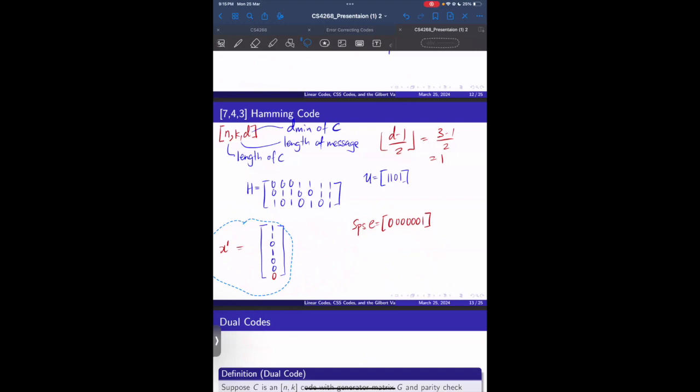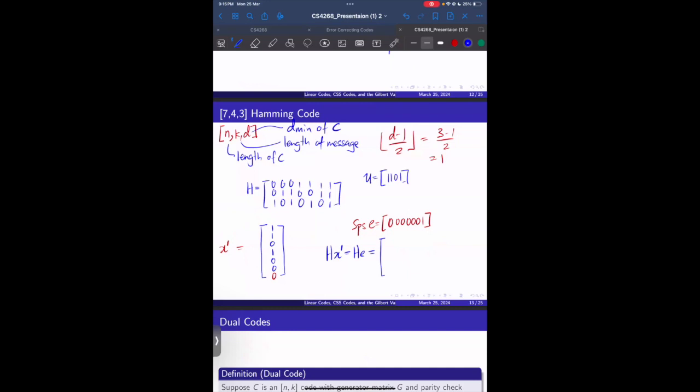So what do we do? We feed it to the parity check matrix, right? So now we just need to calculate H times x prime, right? And recall that that just gives us the syndrome of e, since the original x will get killed by H, right? So what do we get?